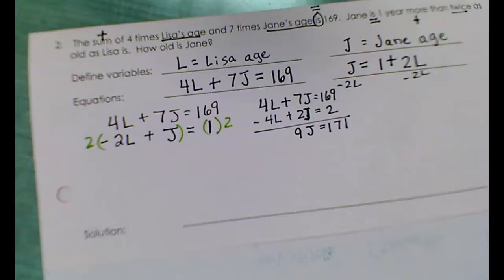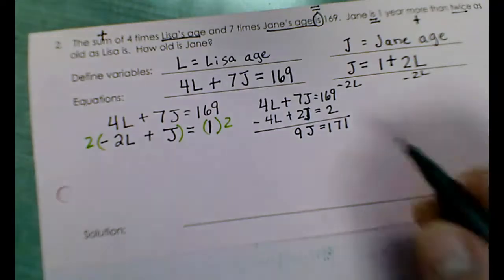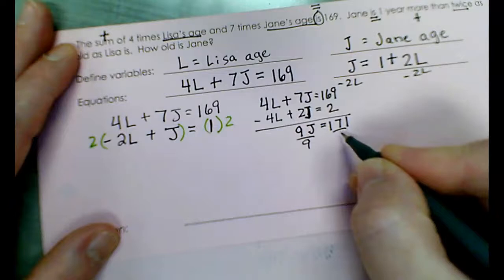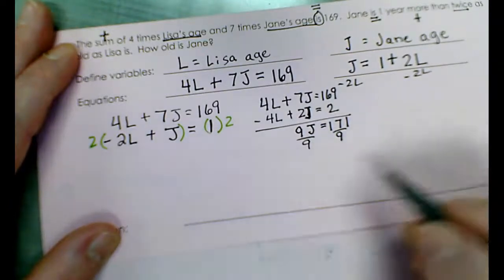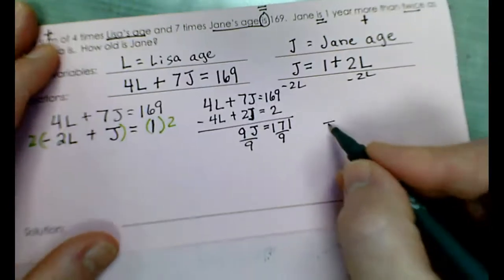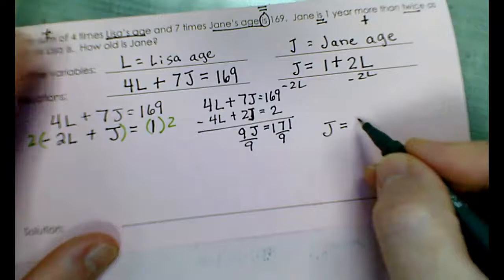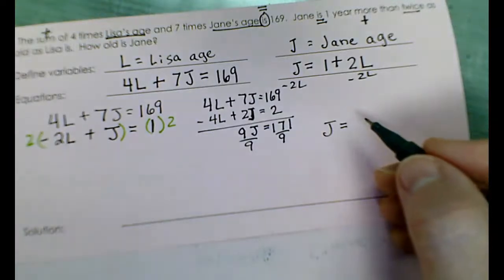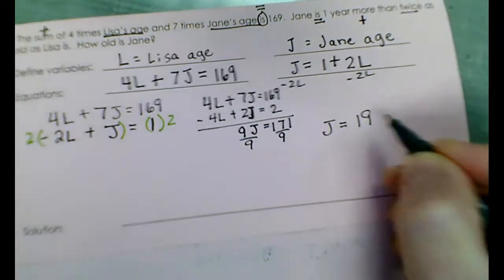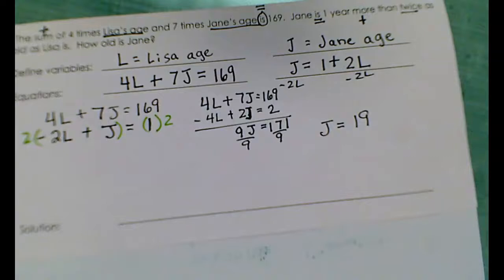Double checking my math. So J is equal to 19 when you divide that. Did somebody check my division? What was the original question?